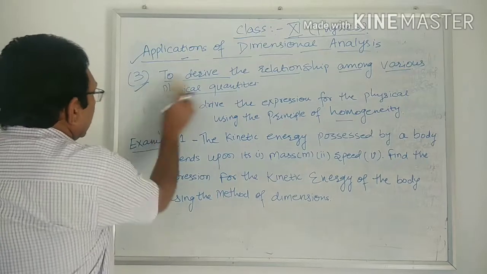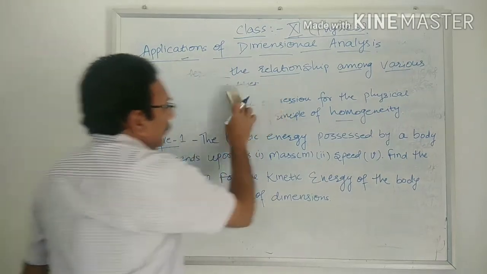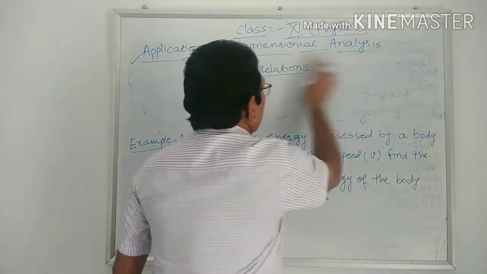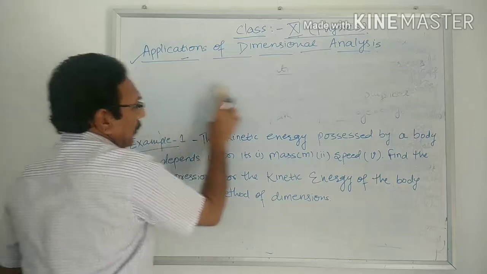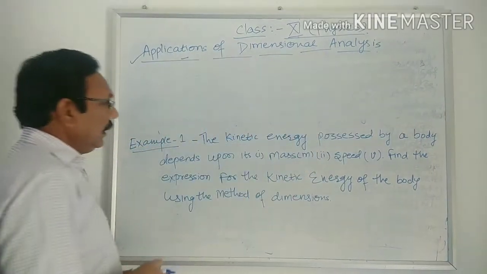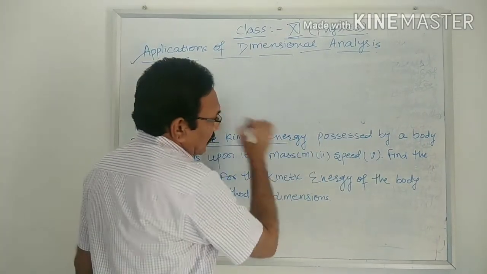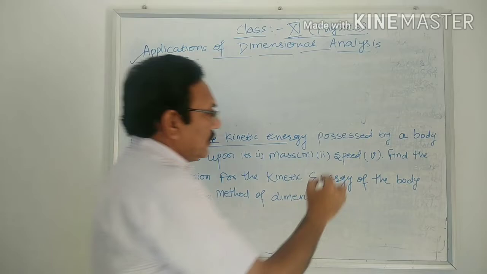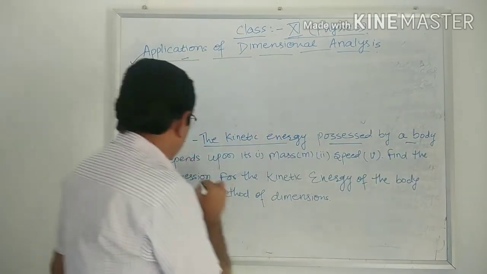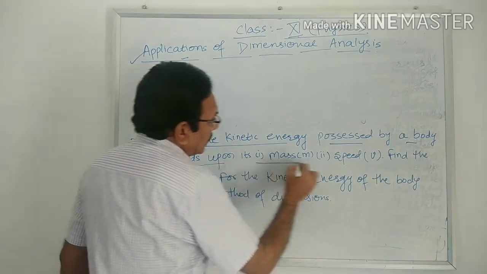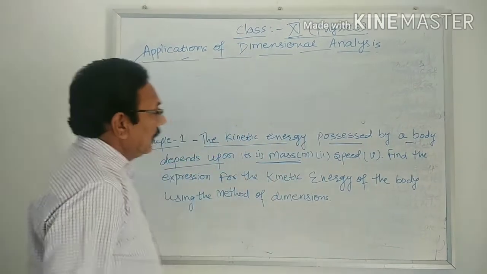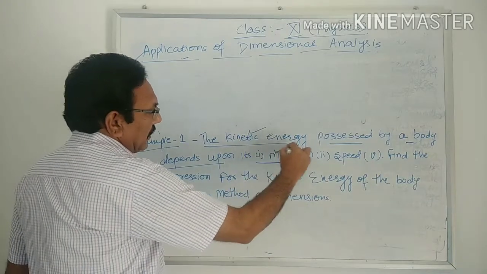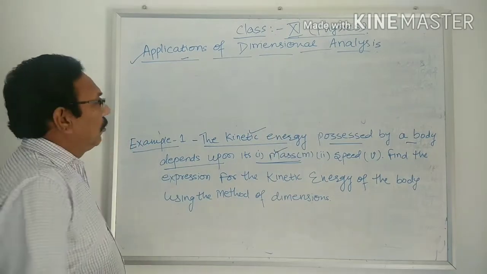Here we see a problem in which we have to derive the relation. That problem is: the kinetic energy possessed by a body depends upon its mass. Here the dependency of kinetic energy is on the mass of the body.